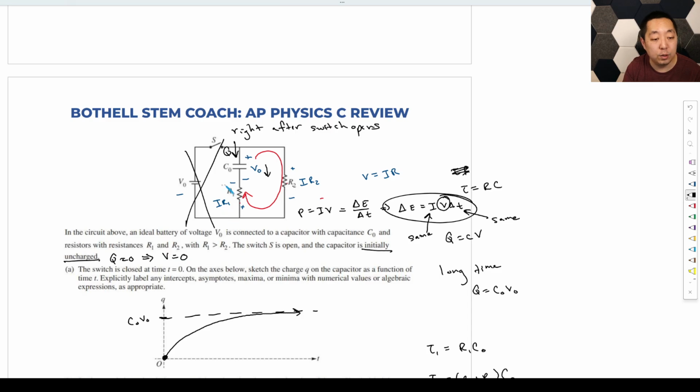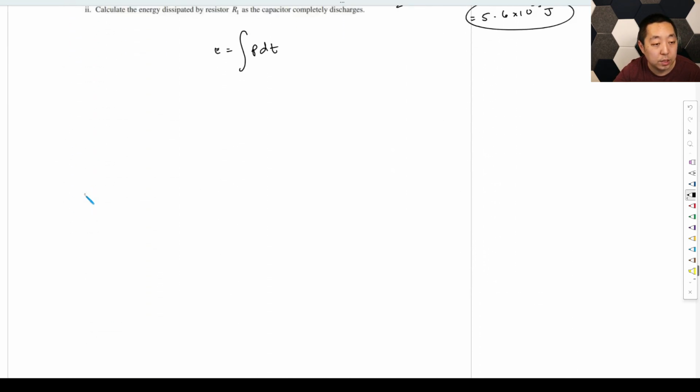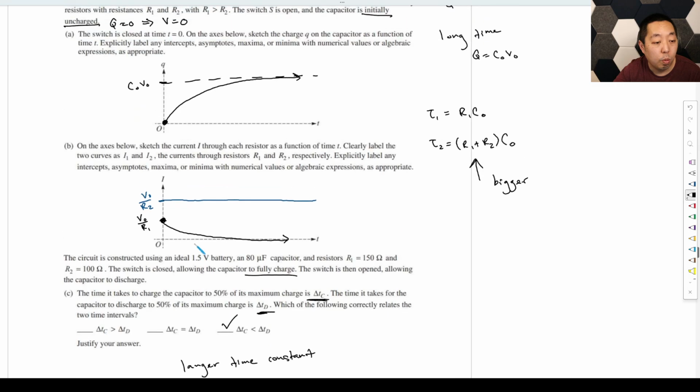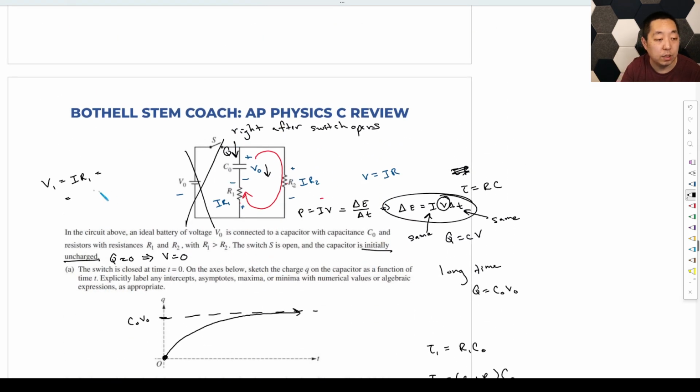If I want the power through resistor 1, the voltage drop across 1 is equal to I R1, and they said R1 was 150. Yeah, 150 times I. And then the voltage drop across 2 is actually 100 times I. So who has the greater voltage drop is this guy, right? So V1 is actually equal to 1.5 times V2.